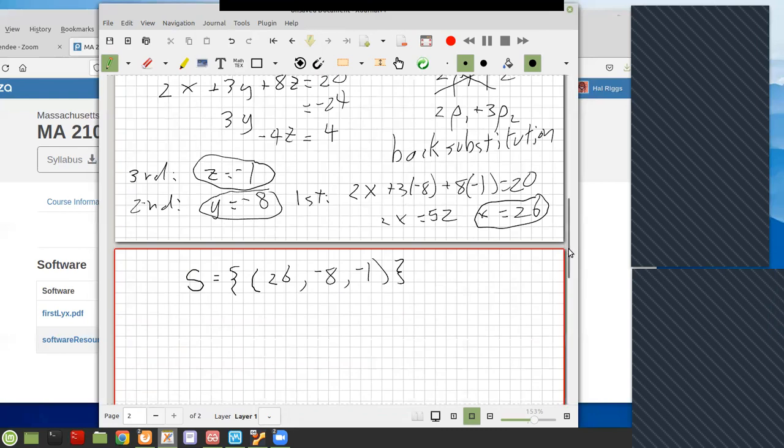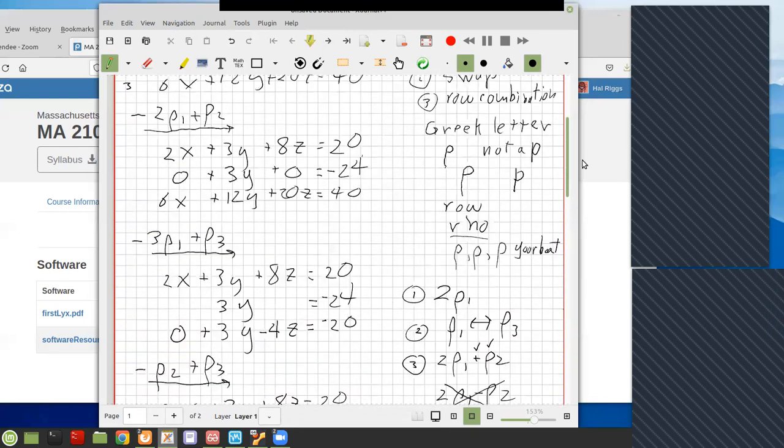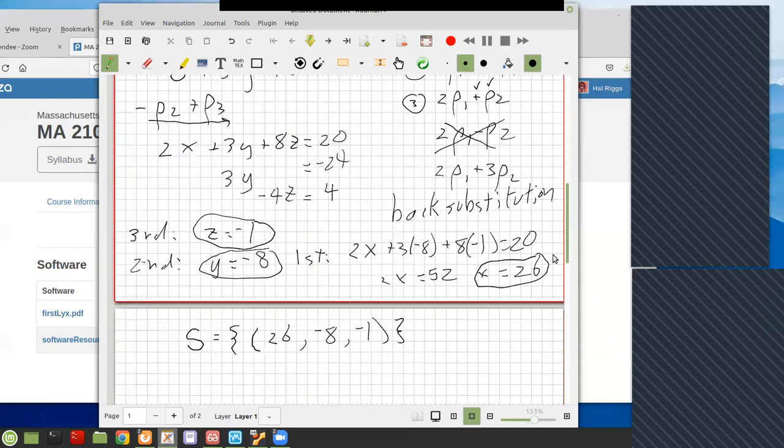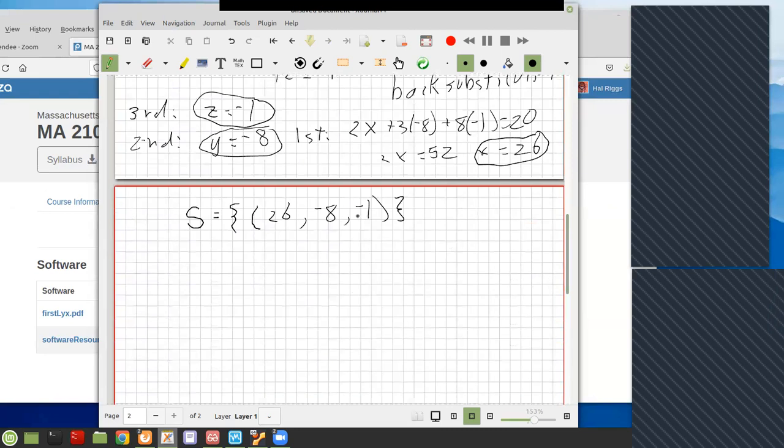Now, 26, let's see. This would be something like 52. You can see that you could go through and substitute this in and check whether or not this was correct. And so you can see that you need to do checks.